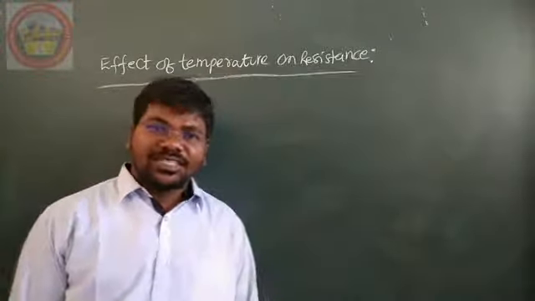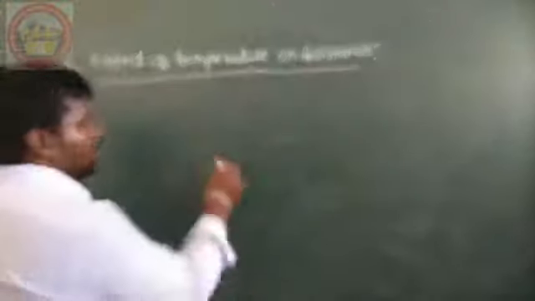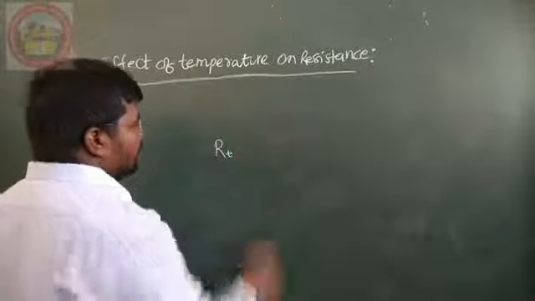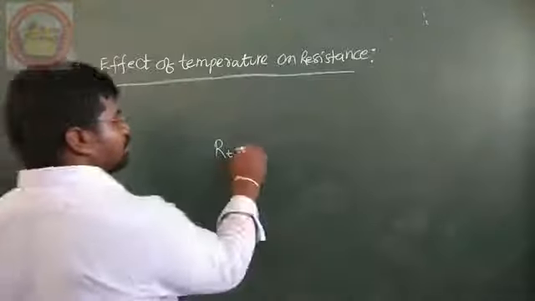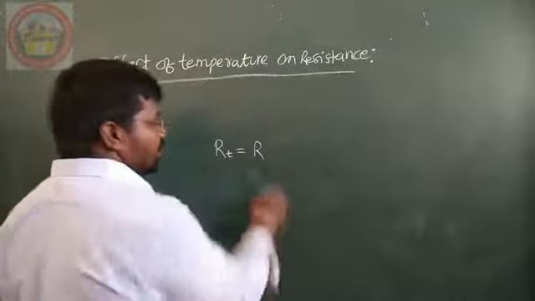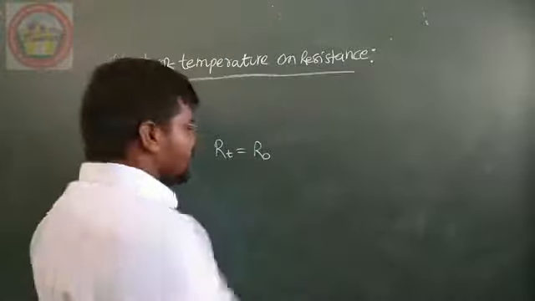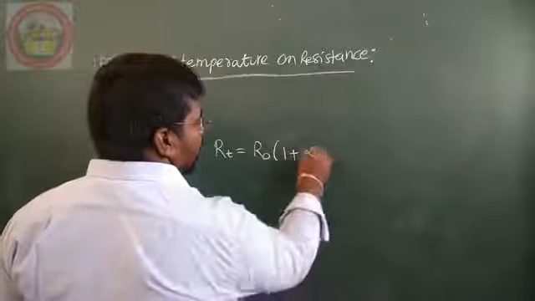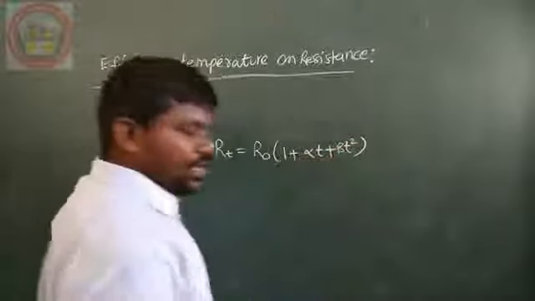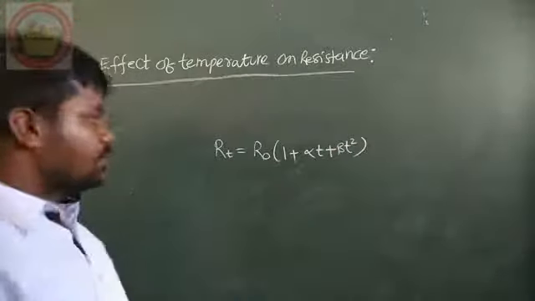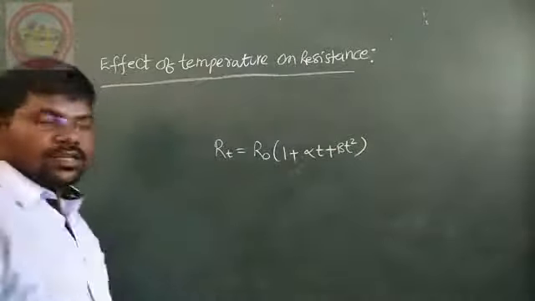The effect of temperature on resistance is given by this formula: RT, the resistance at temperature T, is equal to R0, the resistance at 0 temperature, times 1 plus alpha T plus beta T squared.